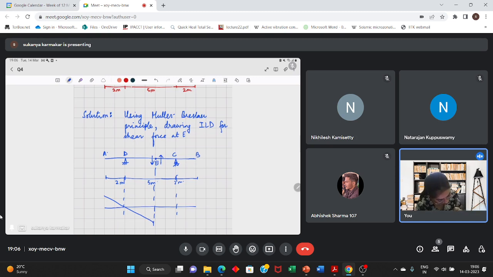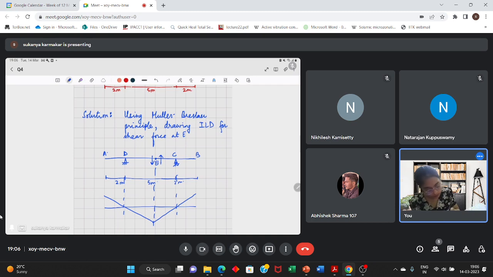Similarly in this portion it will move like this. So is this clear? Like the parts of the beam, it can't break. So if you are pushing the part ECB up, it will move like this.